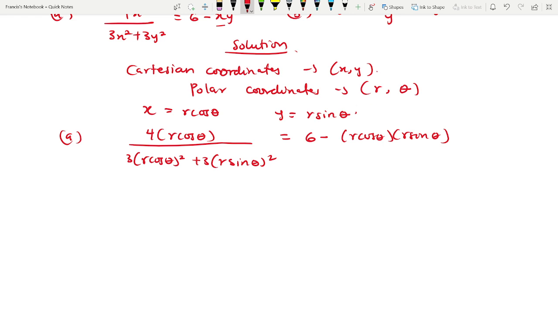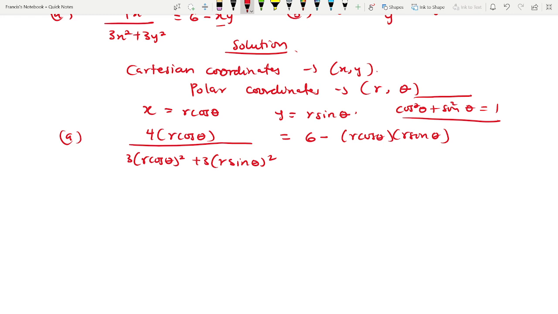Remember that in trigonometry, whenever you have cos squared theta plus sine squared theta, you are going to get 1. So put this in mind. You'll be applying the trigonometric ratios here, and it shouldn't be something new to you.